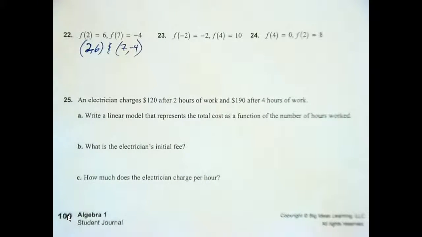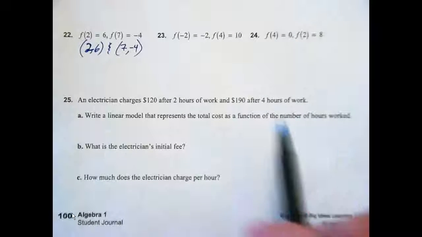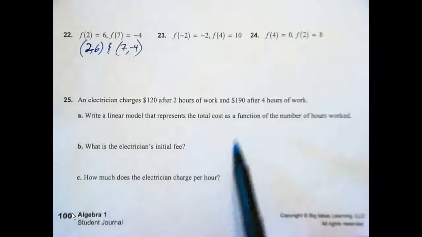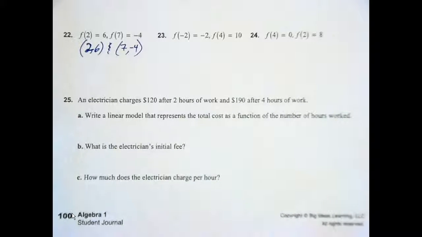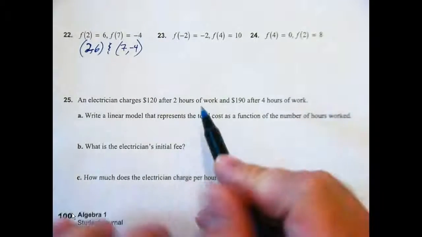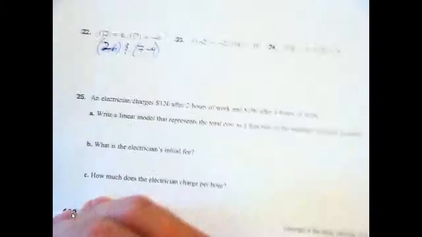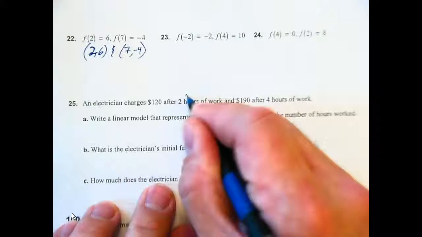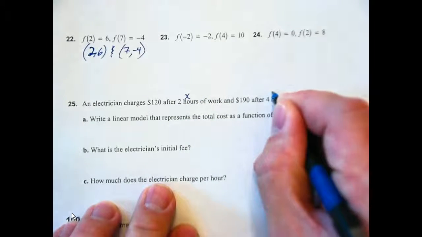25. An electrician charges $120 after 2 hours of work and $190 after 4 hours. Write a linear model that represents total cost as a function of number of hours worked. You guys back there that are talking, knock off the talking, please. Okay, you're given 2 coordinates. Hours, or any kind of measurement in time, is generally your x value.